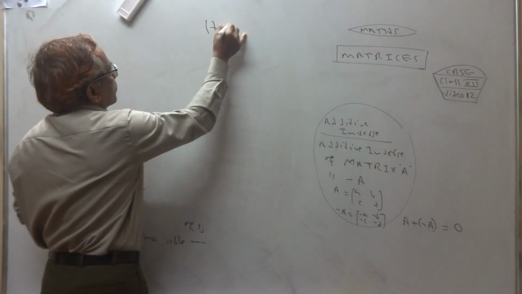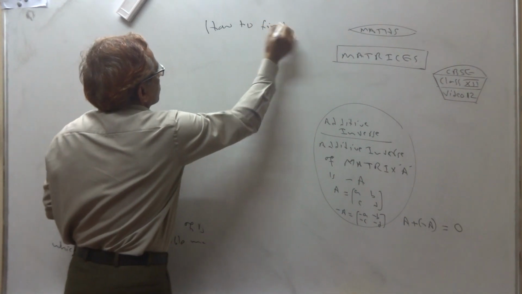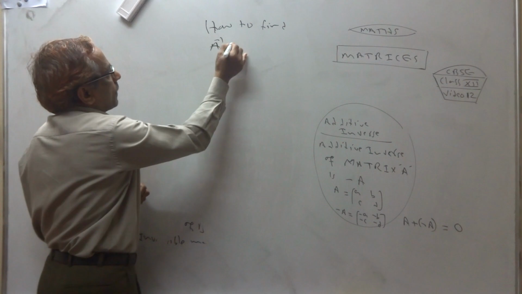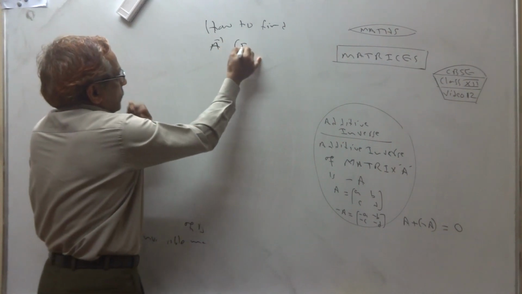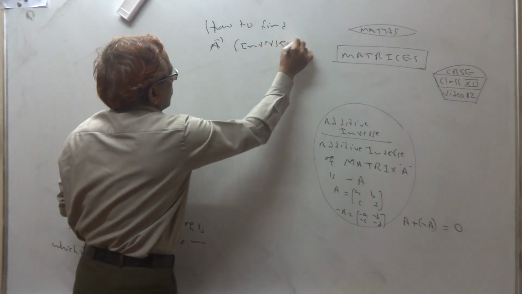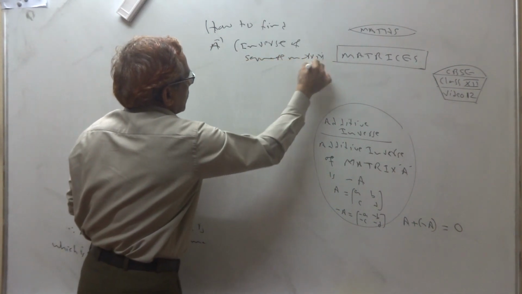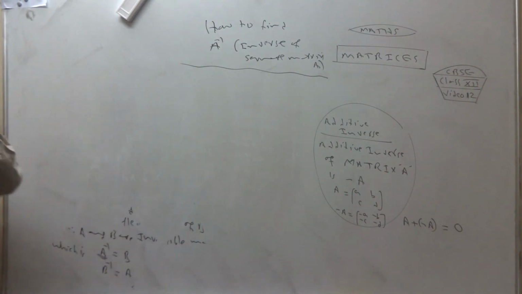How to find A inverse, the inverse of a square matrix A. So this we start now.